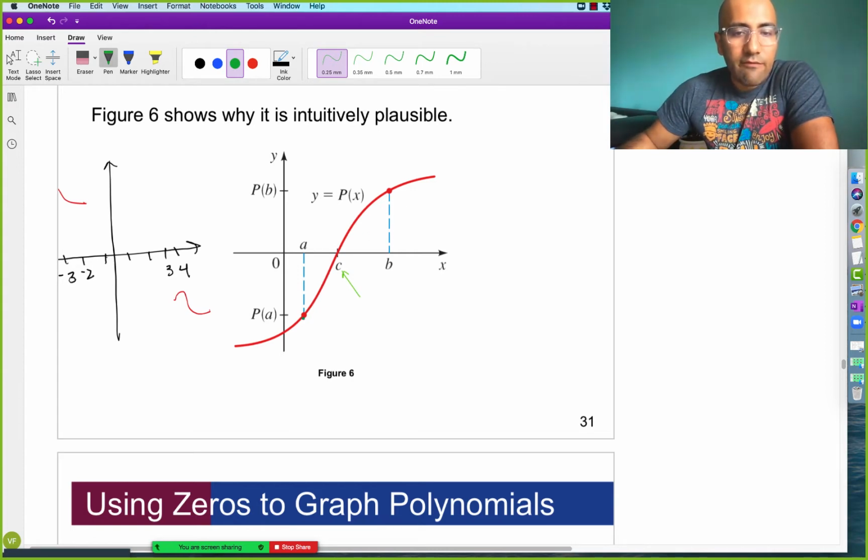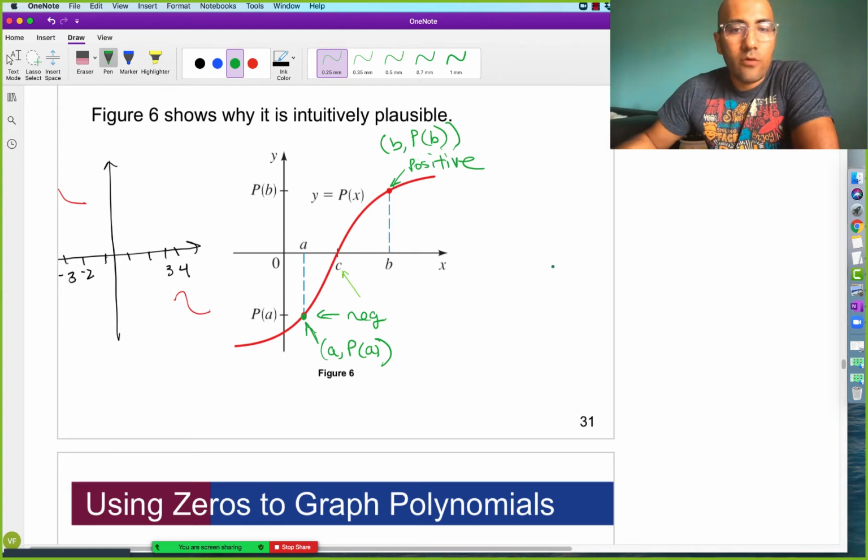So this statement says that if we know for a fact that P of A is definitely negative, and we definitely know that P of B, in fact let's put the point B comma P of B, is definitely a positive value, they're opposite signs. And according to the theorem, there must be at least one point C somewhere between A and B such that the function equals 0.